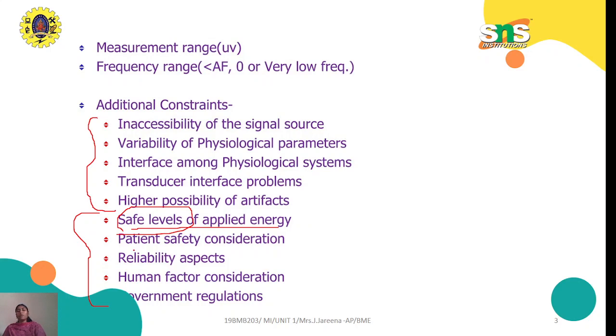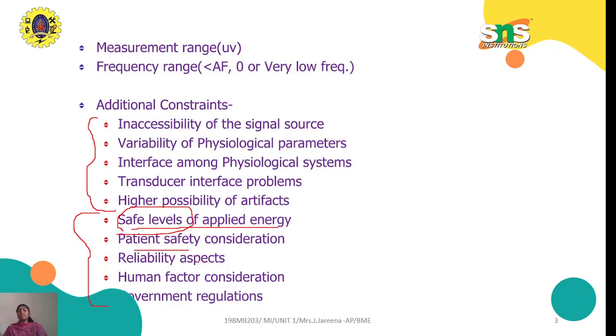Second one is patient safety consideration. Patient safety consideration is another important thing in the medical device aspect. Here the medical device is used on a patient, so we are under direct contact with the patient. If there is any malfunction in the medical device, it will affect the patient, right?